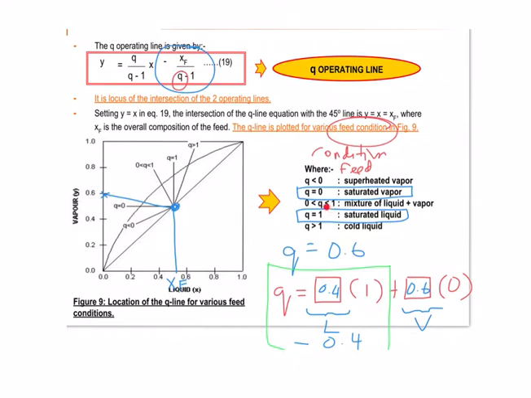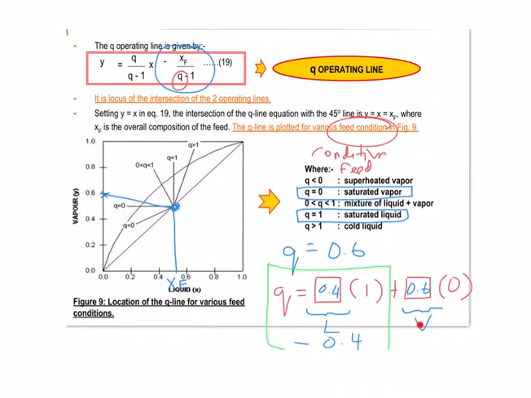When your feed is a mixture of liquid and vapor, you only have a basic idea that the value of q must be between 0 and 1. So just use this formula that I'm introducing here, where the first part of the equation represents the liquid part and the second represents the vapor.